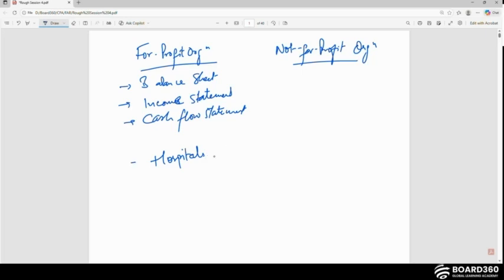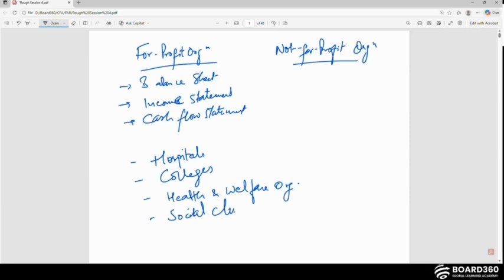So hospitals and other health clinics are there, colleges are there, normal health welfare organizations like WHO, social clubs, labor unions, right? And so many such with different objectives. There can be not-for-profit organizations, not for the profits, but for the welfare of the society, right?